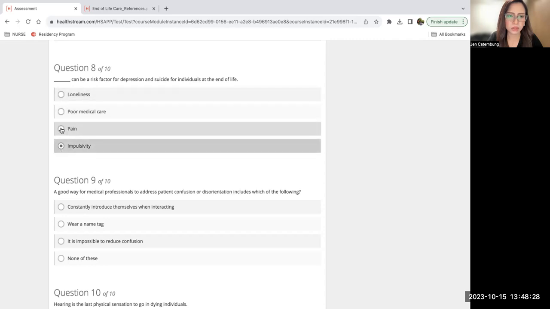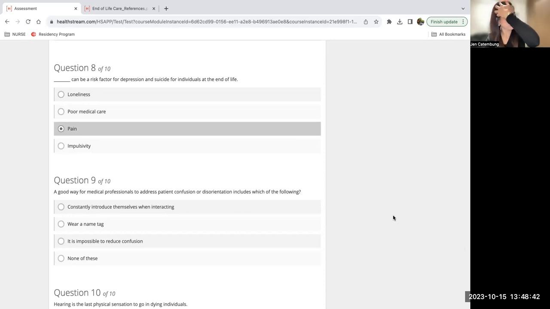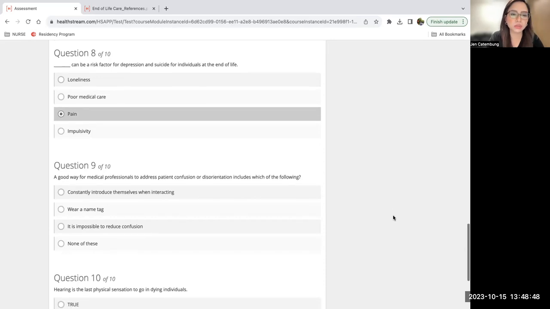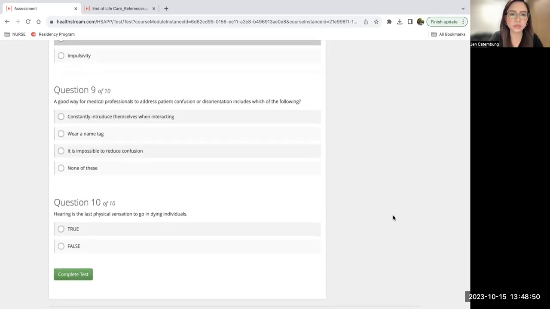Pain can be a risk factor for depression and suicide. Is it pain or is it loneliness? Yeah, it's pain.